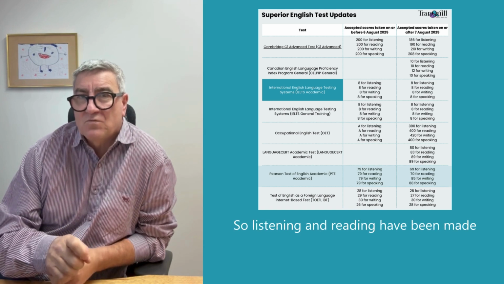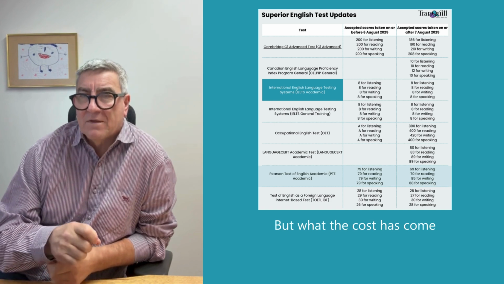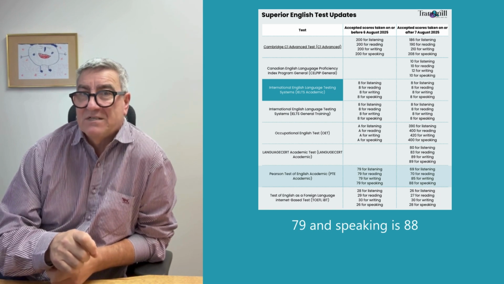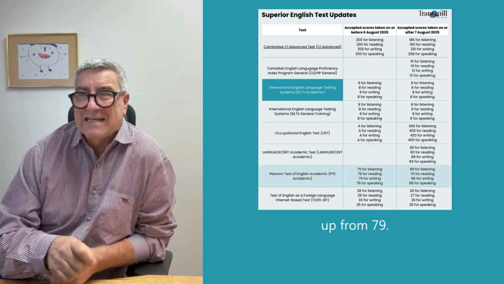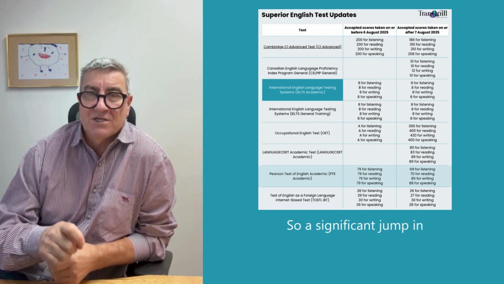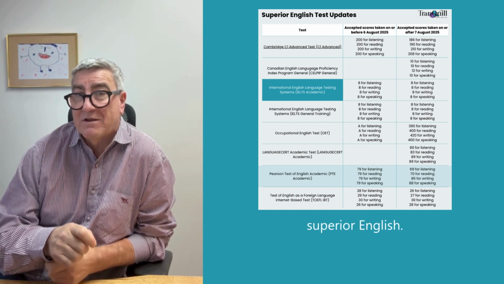So listening and reading have been made easier, but the cost is that writing is now 85, up from 79, and speaking is 88, up from 79. So a significant jump in writing and speaking requirement to get superior English.